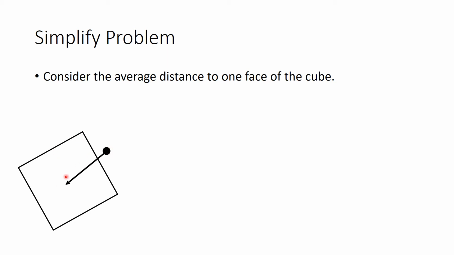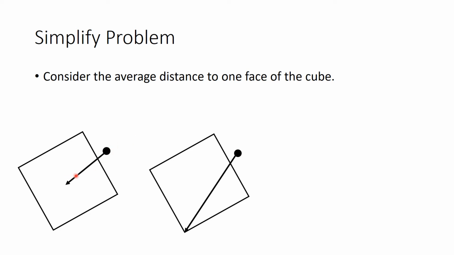So it's always going to point to a face. All the faces are the same distance from the center, and they have the same probability because everything's randomized. So I'm just going to consider one face. It doesn't really matter which one. When I'm visualizing this, I visualize it as the bottom face, but it doesn't really matter. So we're just going to be looking at this face.